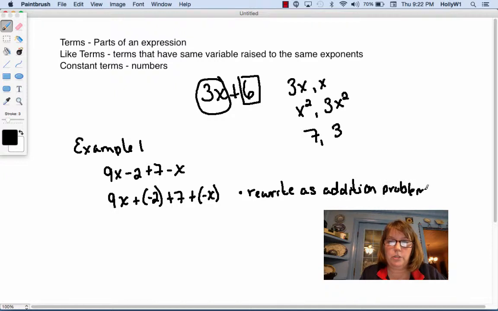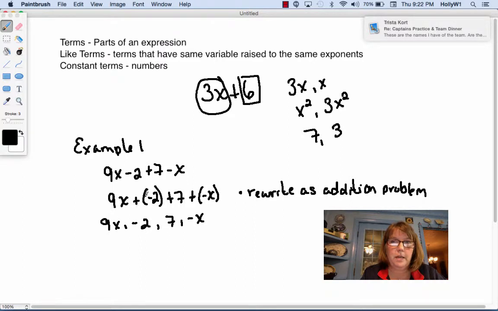Okay, so terms in this case are 9x, negative 2, because a term is everything that appears between the operations of addition. Negative 2, 7, and negative x are all terms. Like terms are terms that are alike, that are raised to the same power.